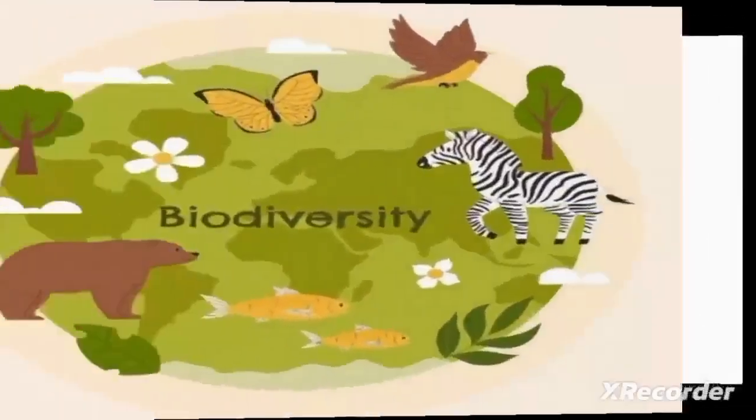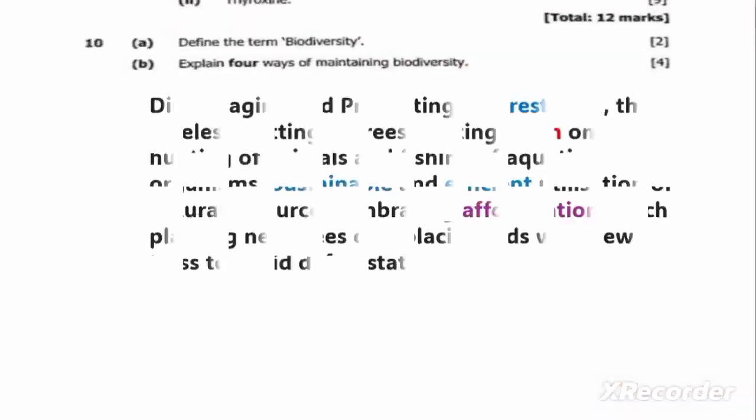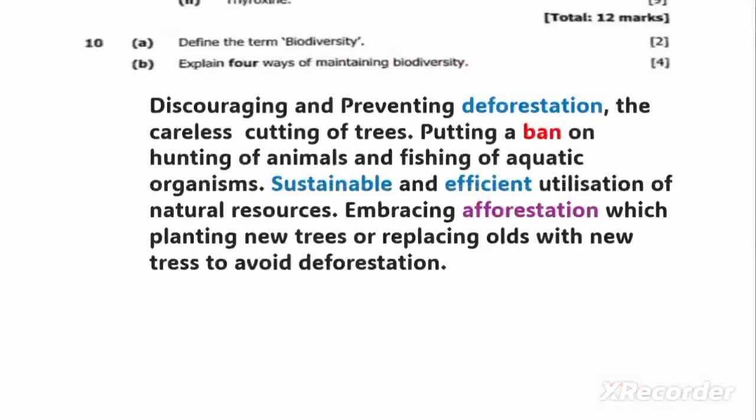So we are going to say discouraging and preventing deforestation, the careless cutting down of trees, putting a ban on hunting of animals and fishing of aquatic organisms. Aquatic organisms, we are simply talking about fish.